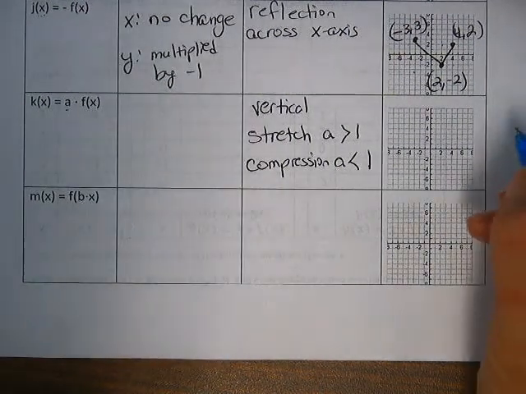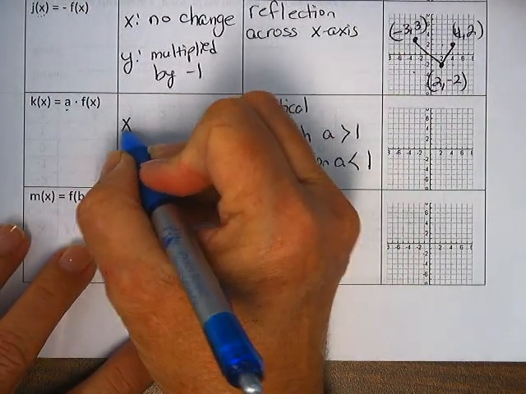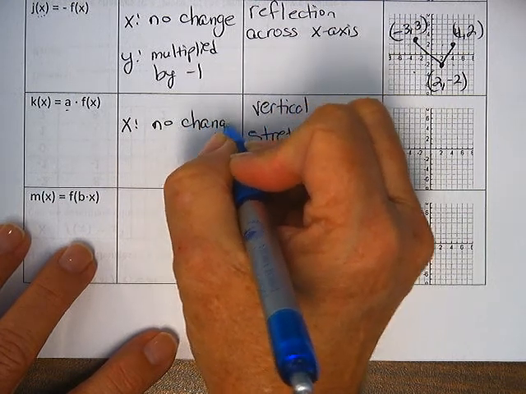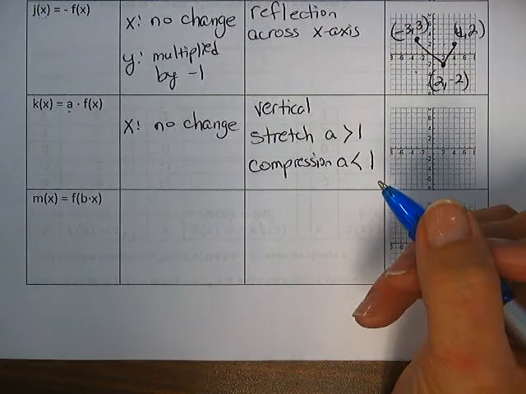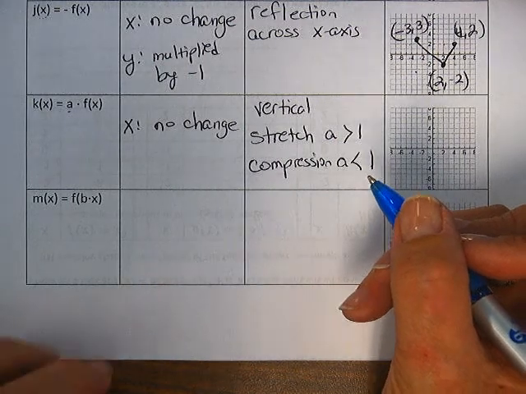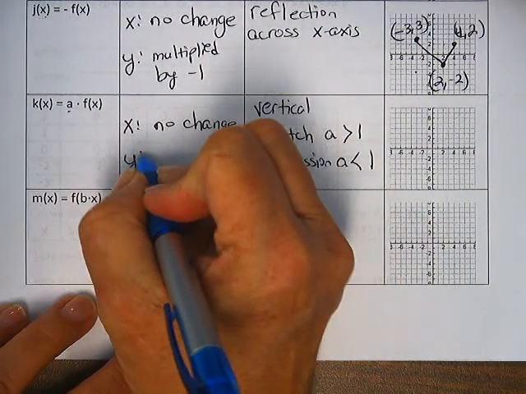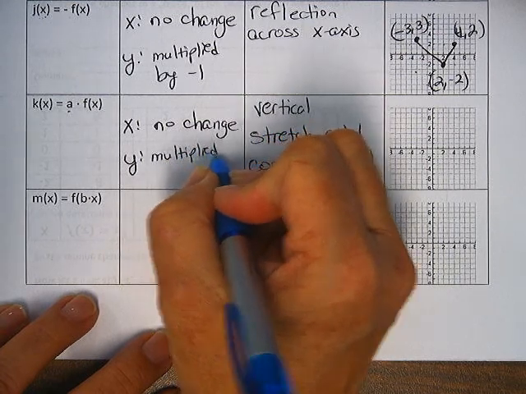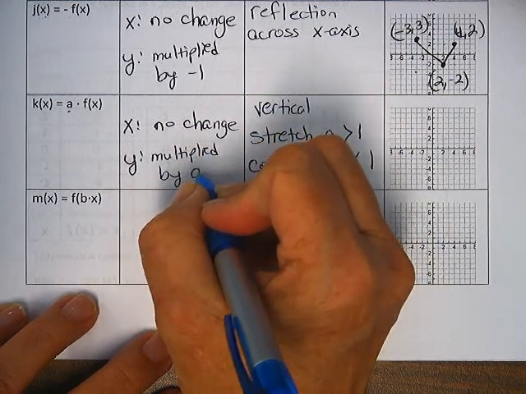And the way we see that happen is our x values stay the same, so there's no change. So our x values with a vertical stretch or compression stay the same. Our y values are multiplied by a.